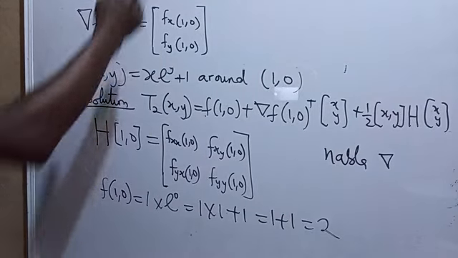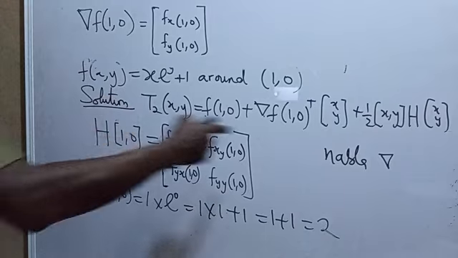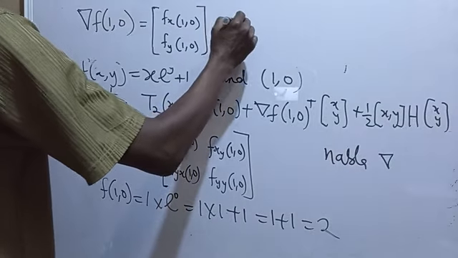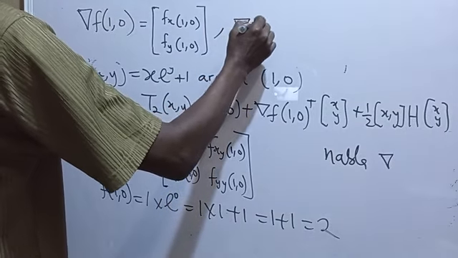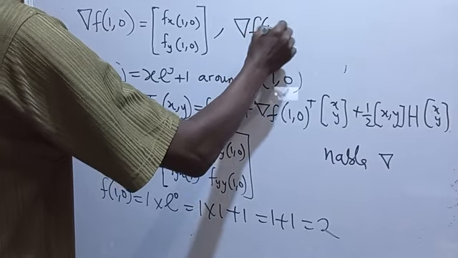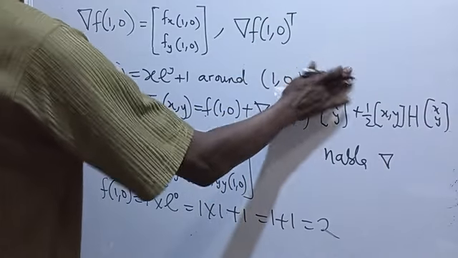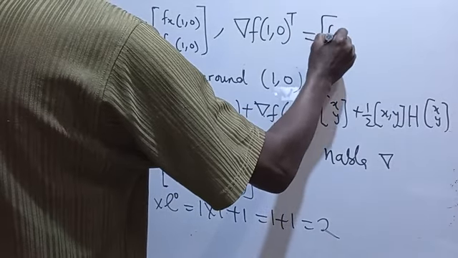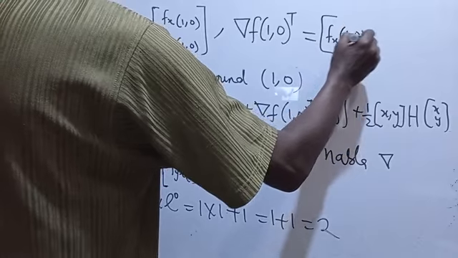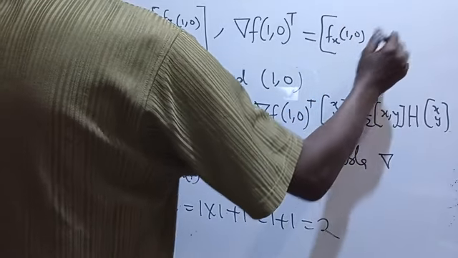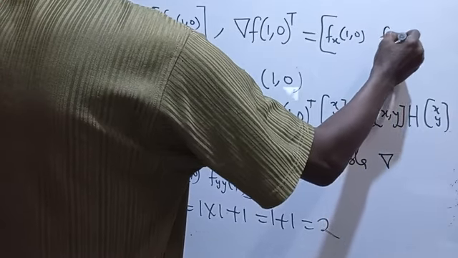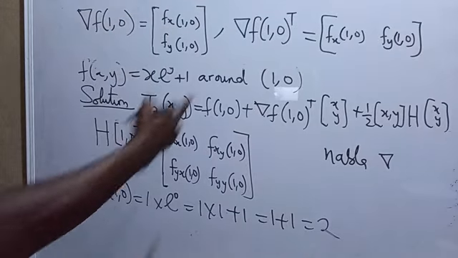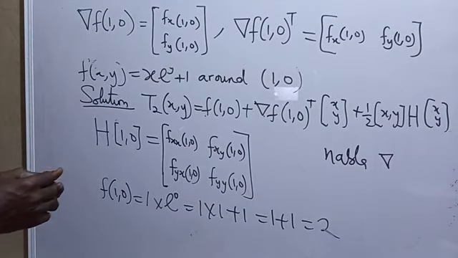But because we put T there, we are going to transpose it. It means the gradient of f around 1 comma 0 with transpose T will become fx 1 comma 0 and fy 1 comma 0. Yes, you transpose it. When you transpose a column vector, it becomes a row vector. I hope that is understood.